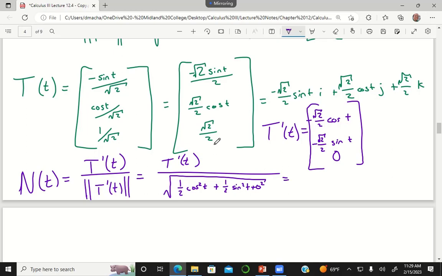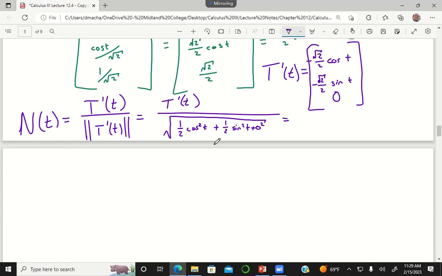So I will have T prime of t divided by the square root of what?